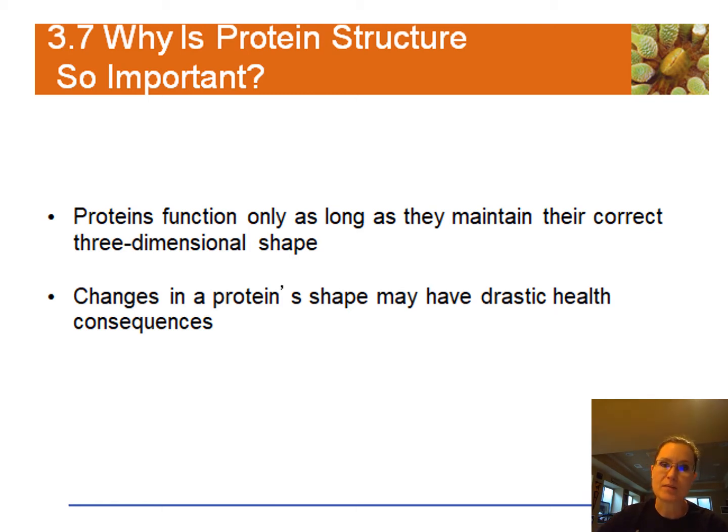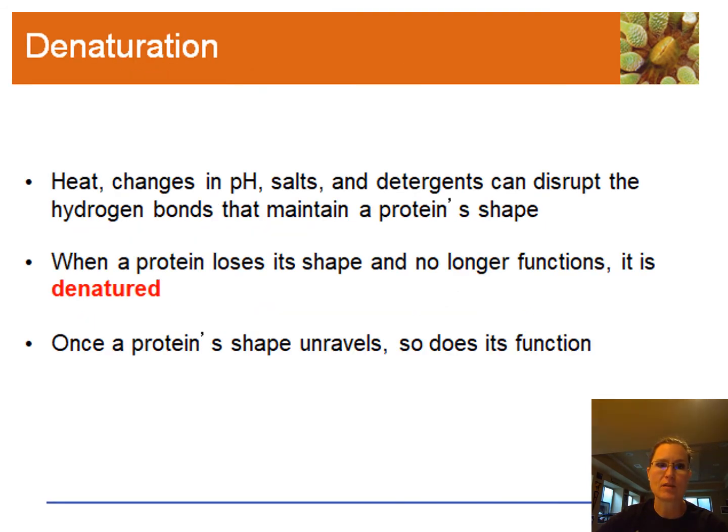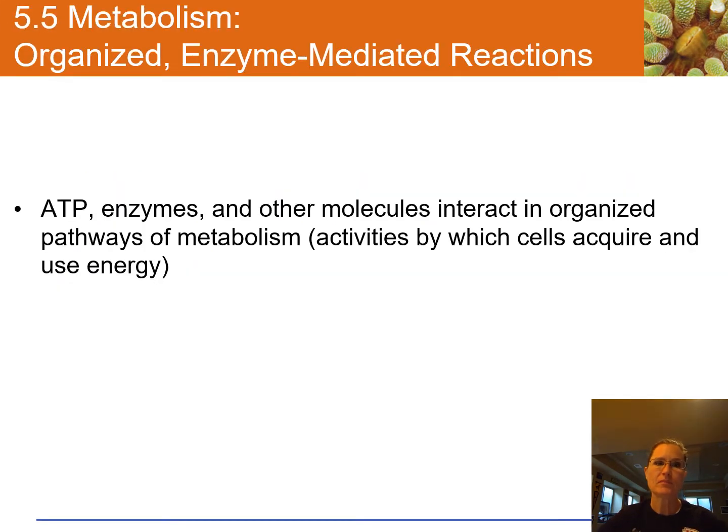But if we change that because of denaturing, then we mess with the function of the enzyme. And so that's what this is talking about. The heat, the pH, the salts. This adds in detergents. It messes it up so that the proteins don't stay bound together like they are. We call that denatured.